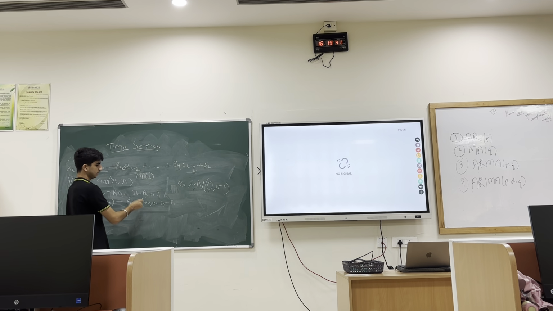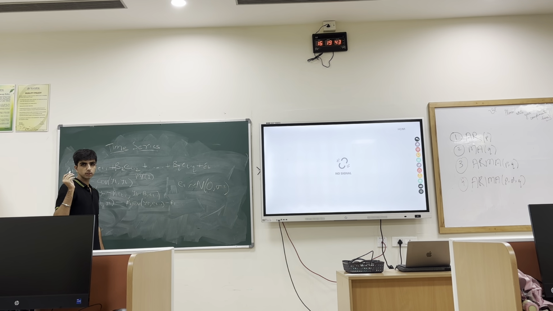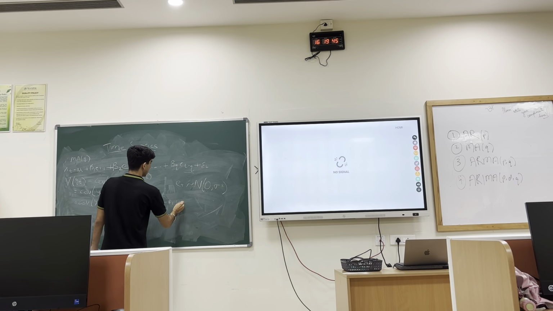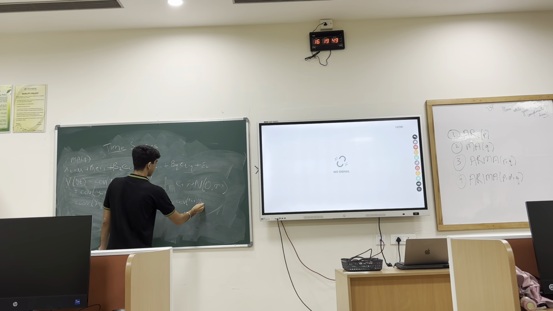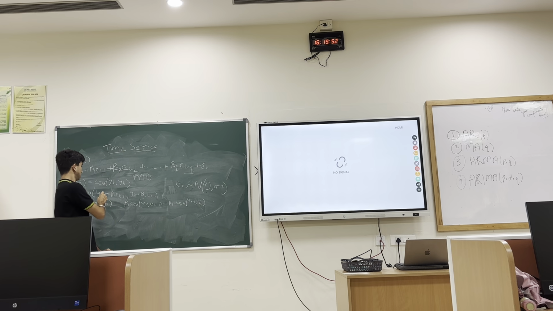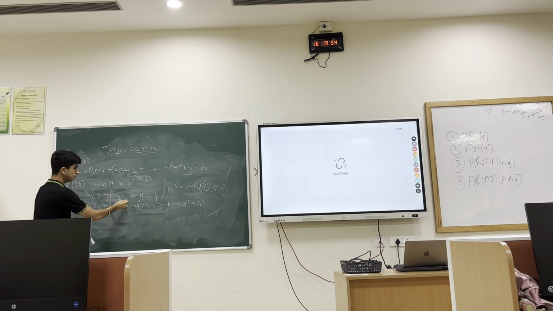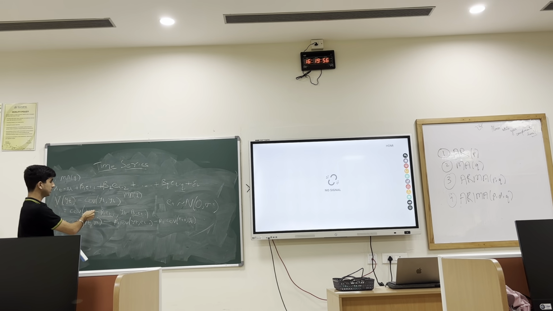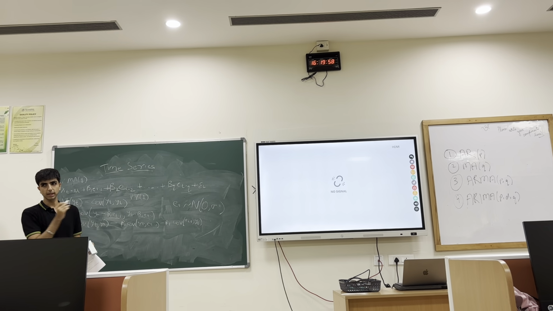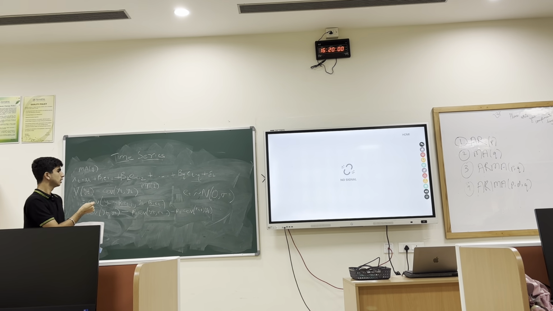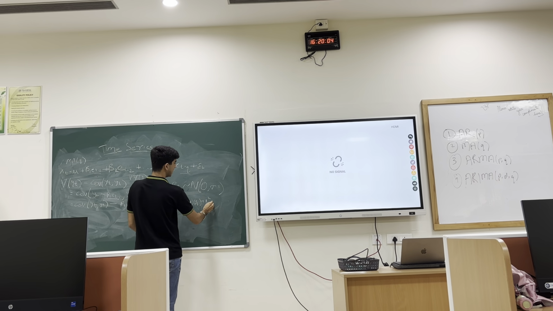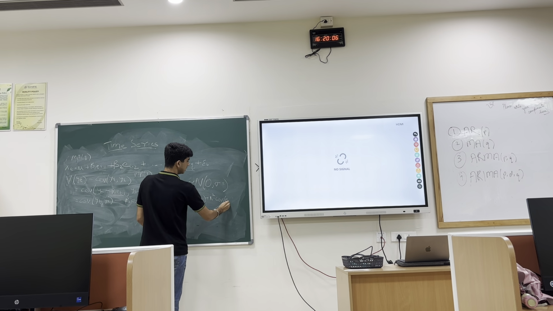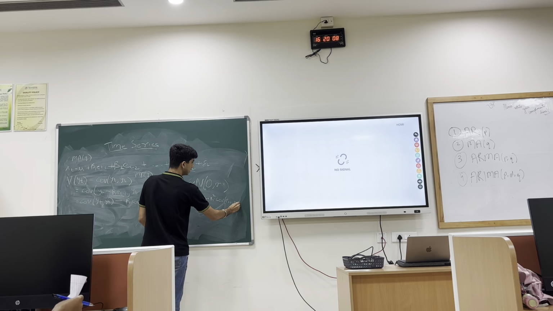Covariance of a comma b is the same as covariance of b comma a. Minus into minus will become plus, and beta 1 into beta 1 is beta 1 square. So this is plus beta 1 square times the covariance of et minus 1 comma et minus 1.